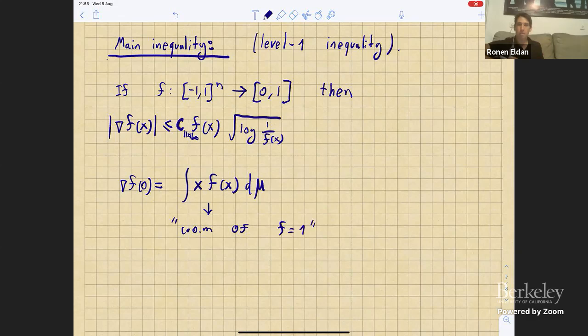If I want to make the center of mass as far as possible from the origin, I want to push all the mass in the same direction, and then I really see the sub-Gaussianity of the uniform measure, and we get this inequality. The proof is actually pretty simple.